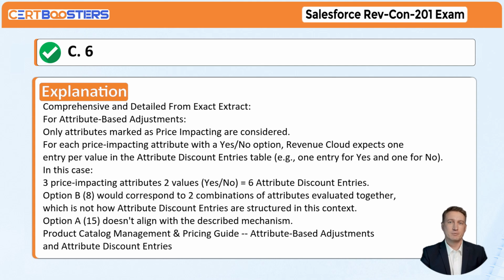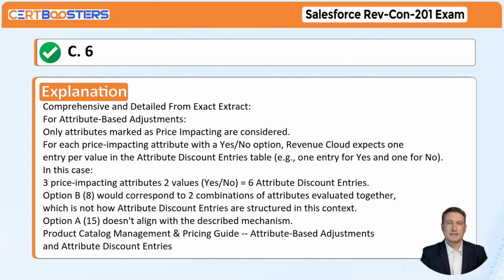6. Explanation: comprehensive and detailed. From exact extract. For attribute-based adjustments, only attributes marked as price-impacting are considered. For each price-impacting attribute, with a yes-no option, Revenue Cloud expects 1 entry per value in the attribute discount entries table, e.g., 1 entry for yes and 1 for no. In this case, 3 price-impacting attributes, 2 values, yes-no, equals 6 attribute discount entries.